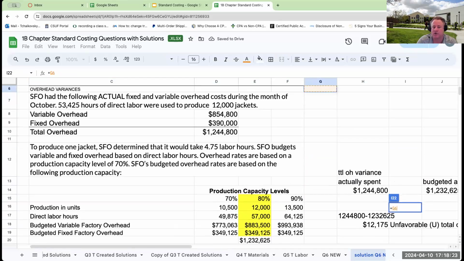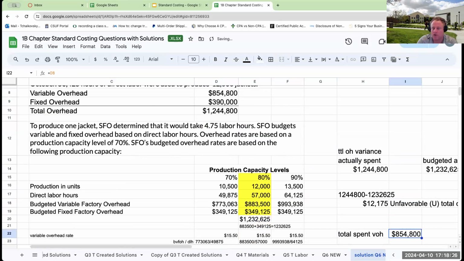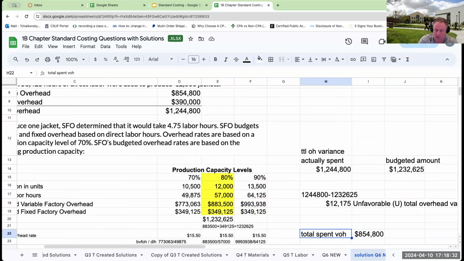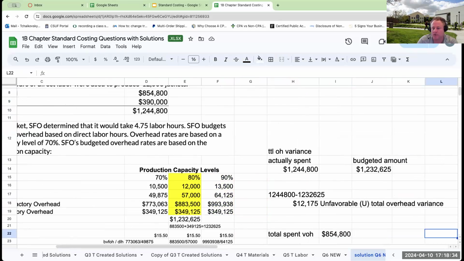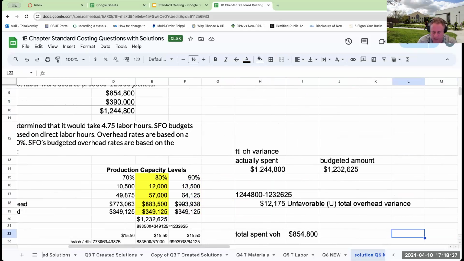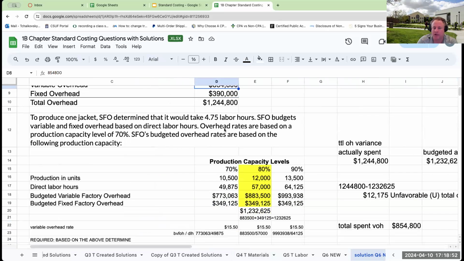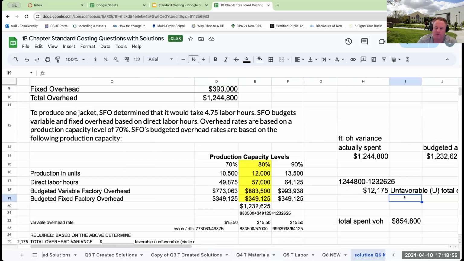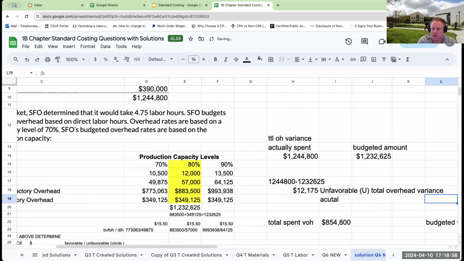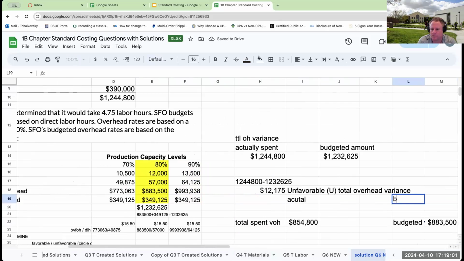The actual amount was $854,800. How much should I have spent? My budgeted variable overhead at 12,000 units was 883,500.